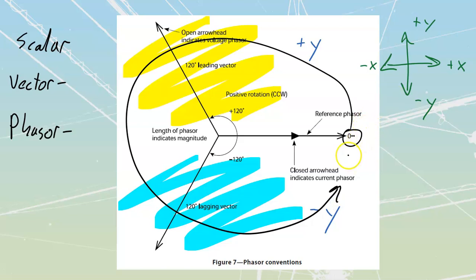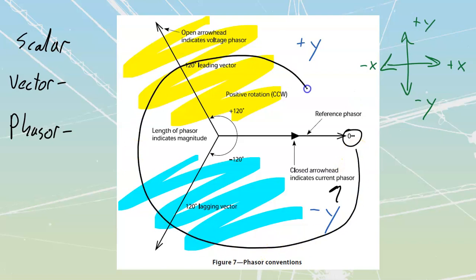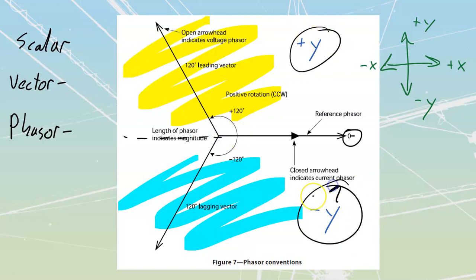We would go 360 degrees all the way around. We can look at negative rotation as well if we go from 0 and go around in a clockwise manner like that, but that would be negative rotation. We don't usually look at negative rotations, although we can do either. What we are going to look at, though, is things that are going to be either positive y or negative y. And that's going to determine when something is leading or lagging.